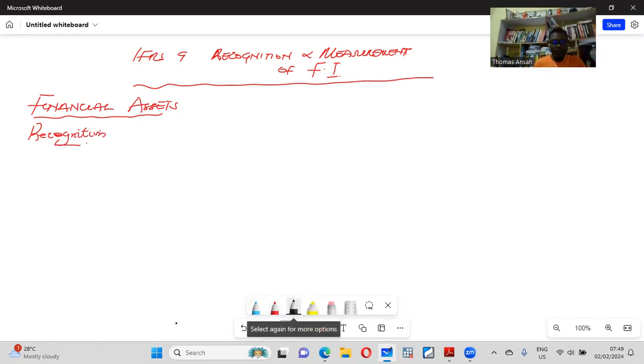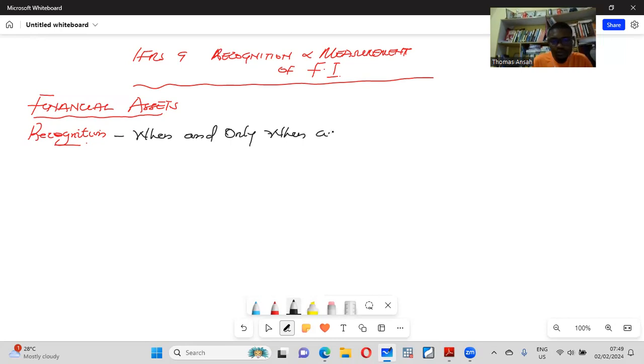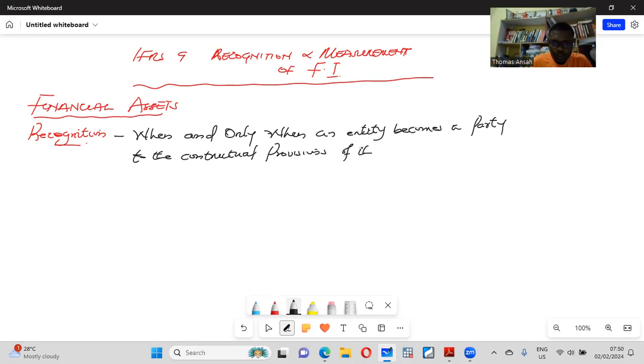Now, the recognition criteria for financial assets according to IFRS 9 says that you recognize a financial asset when and only when an entity becomes a party to the contractual provisions of the financial instrument.